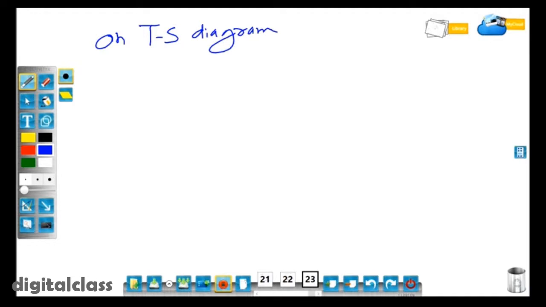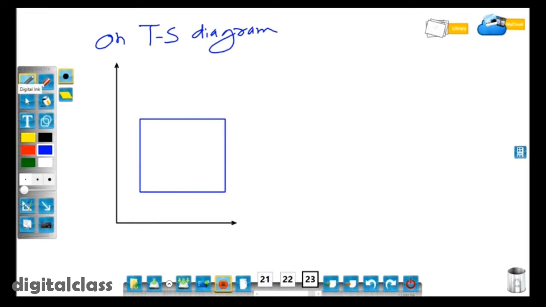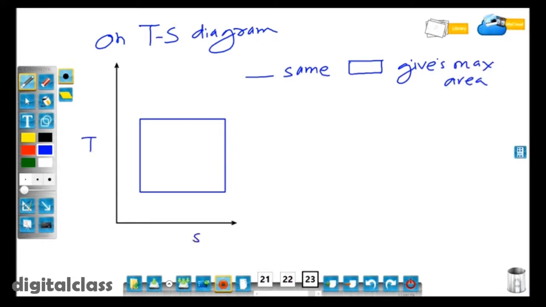Similarly, on a TS diagram we can draw different cycles, which means we can obtain different areas. So similarly, a rectangle gives the maximum area, and on a TS diagram, the area under the diagram is nothing but the utilization of the heat.